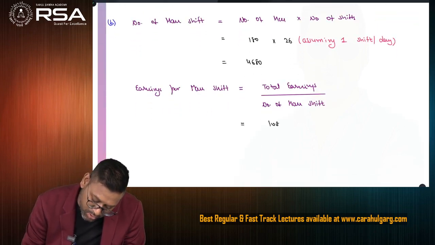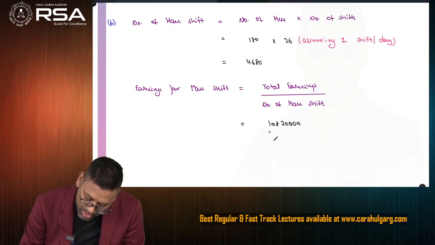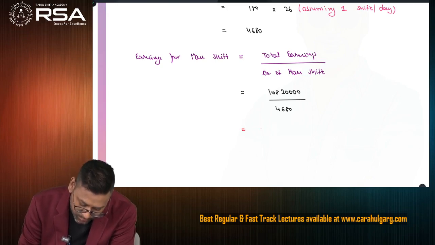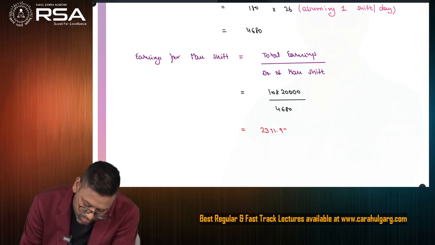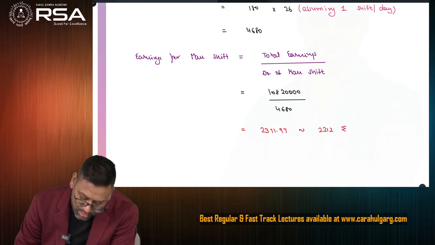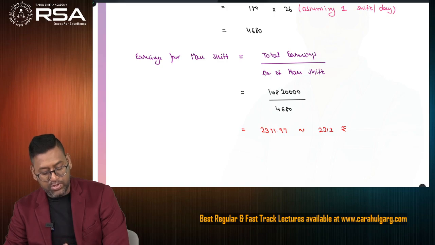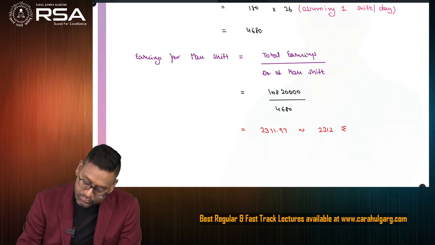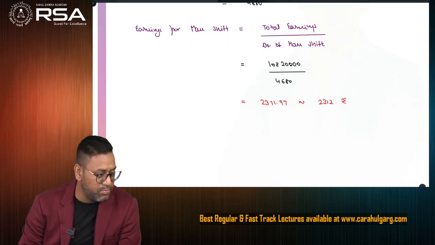Total earnings are 108 lakh 20,000 and the number of man shifts is 4680. Please do the calculation on your calculator. You get 2311.97, or I can round it off to 2312 rupees. So per person per day they have earned 2312 rupees. This is the earnings per man shift.